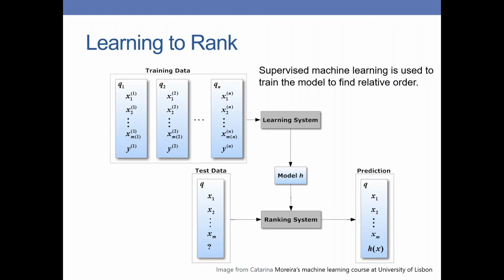This image depicts the general approach of building a ranking model. We have Q1, Q2, Qn.